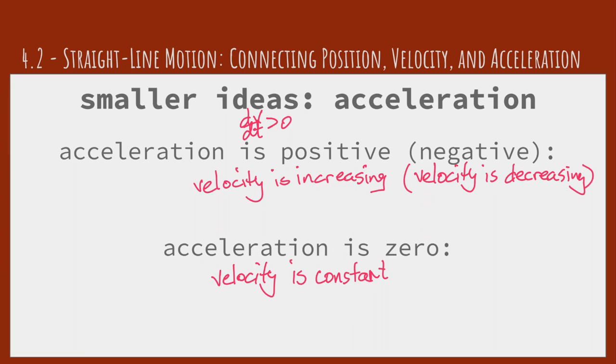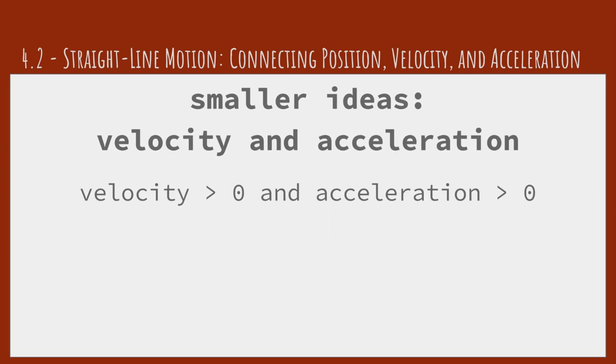At that moment, the velocity is not changing. If you're in your car and you're accelerating and then you let off the accelerator and start slowing down, there's a moment where your velocity is no longer going up and it's not going down, and the velocity is constant. That is what happens when the acceleration is 0.